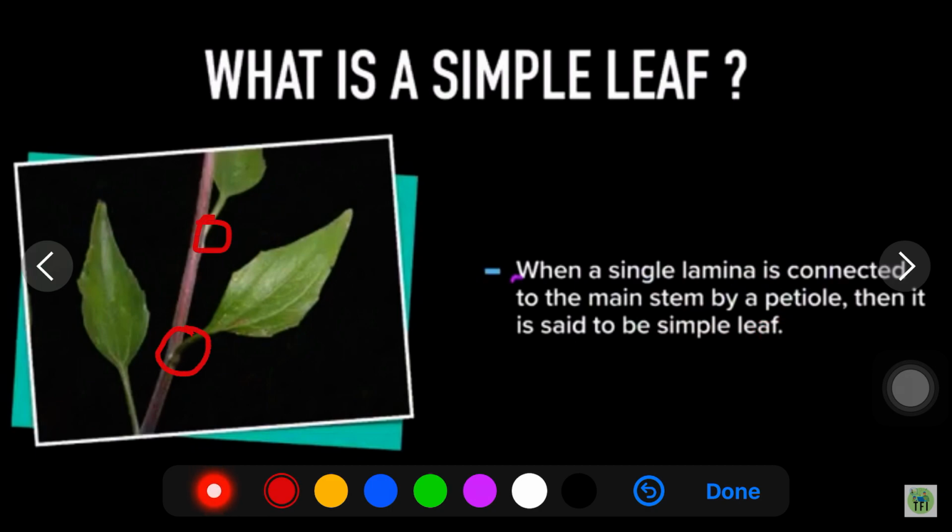In this type of leaf, a single lamina, students, just remember this, is connected to the main stem, not more than one. This is said to be a simple leaf.